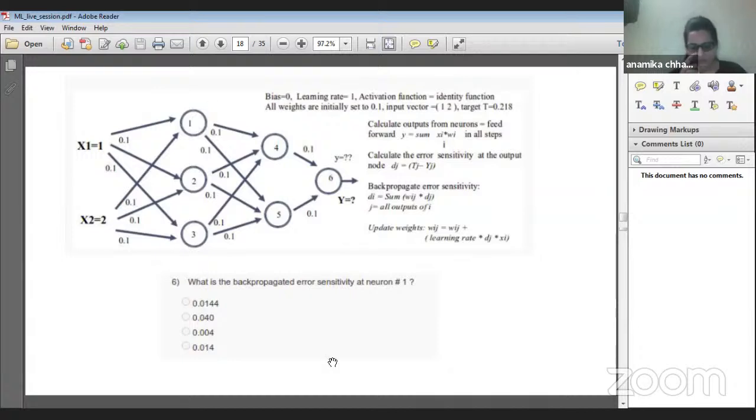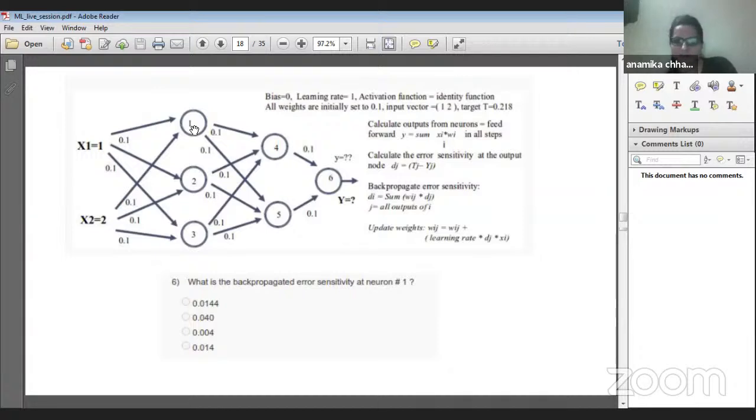If you want to look at the big picture, we got some error here. Now, how much of this error would this node have contributed to? That's a simple thing here. So based on that, we get the error sensitivity of every neuron, and based on that we update its weight.